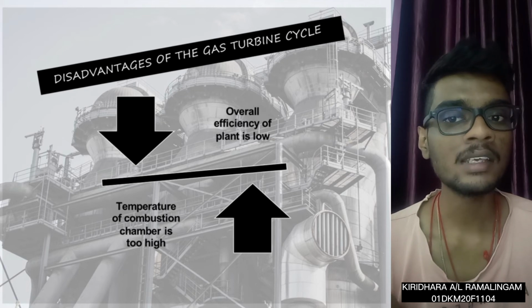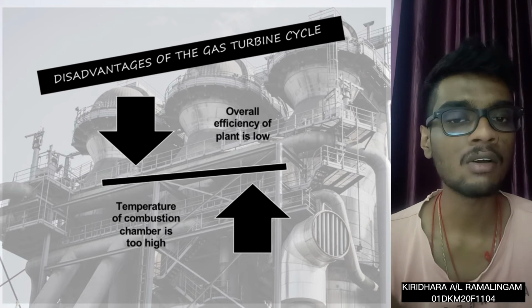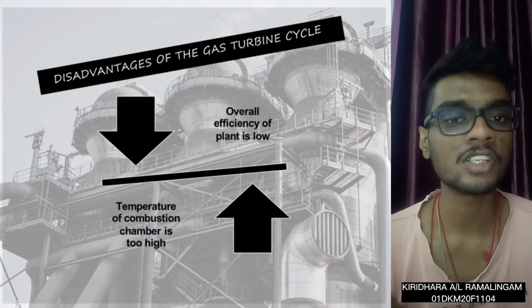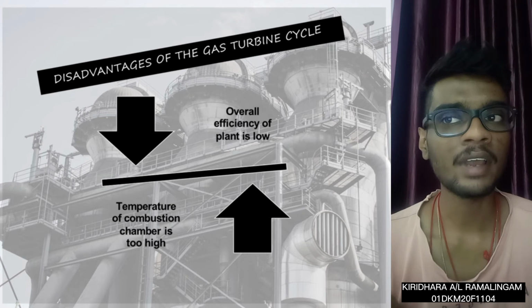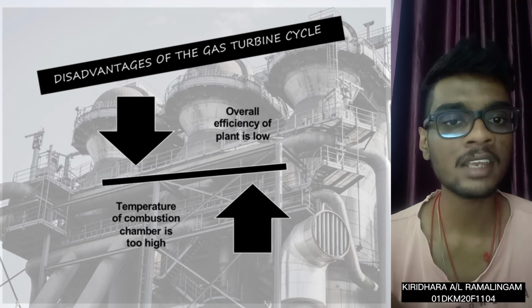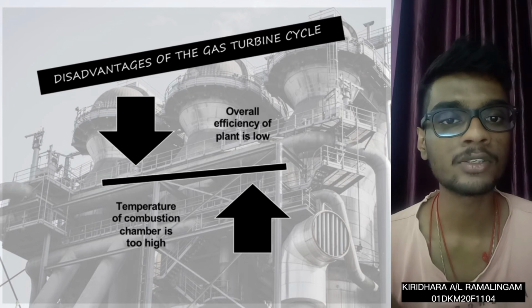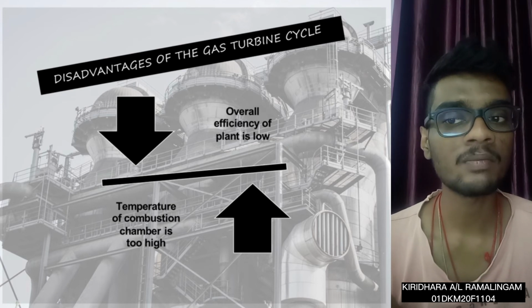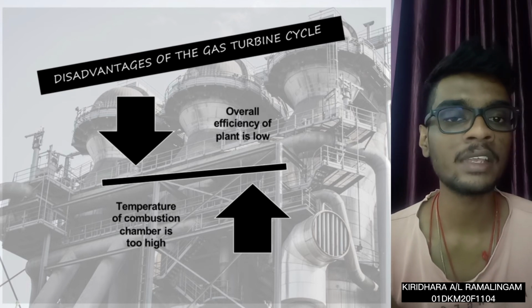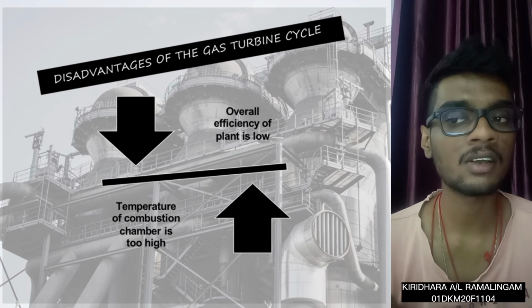However, this low overall efficiency is only a problem outside of a combined cycle configuration. The final disadvantage of the gas turbine cycle is that the temperature of the combustion chamber is too high. High combustion power is required to heat up the gases. This causes the combustion chamber to become too hot. As the temperature of the combustion chamber increases, this results in a shorter life of the gas turbine.